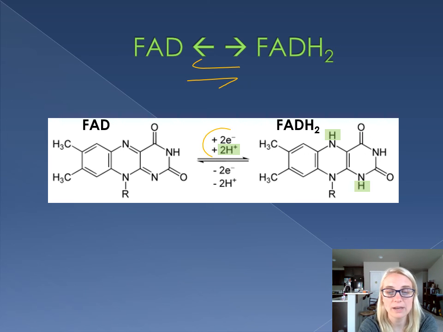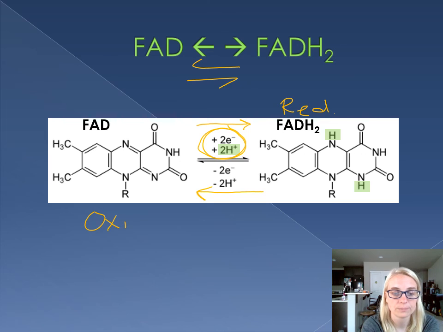So again, here are the electrons and the hydrogens that are being transferred, either gained, so this is the reduced form, or lost, this is the oxidized form. Okay, so FAD and FADH2 again are another temporary electron carrier. As we are stripping electrons away from our glucose, FAD will hold on to them temporarily, becoming FADH2, and then they will drop them off at the electron transport chain.